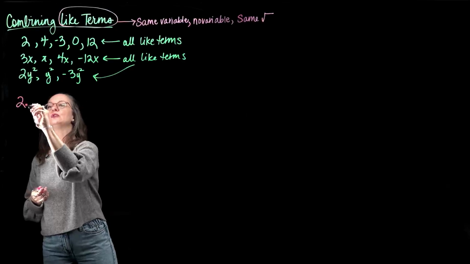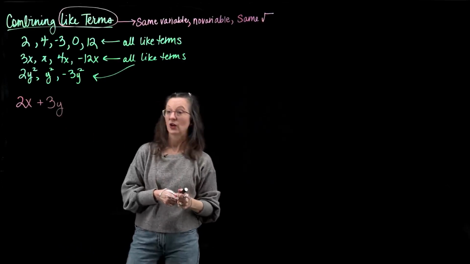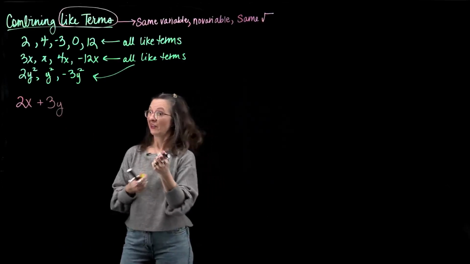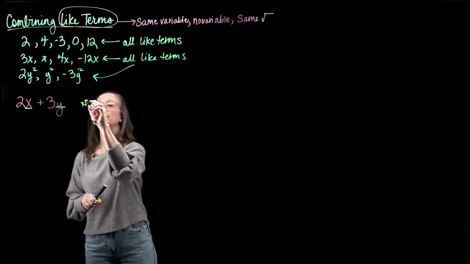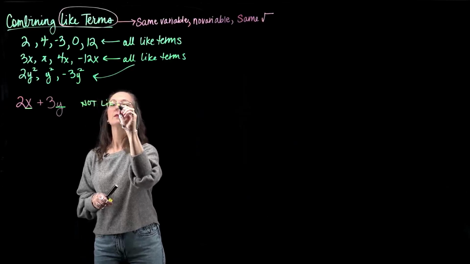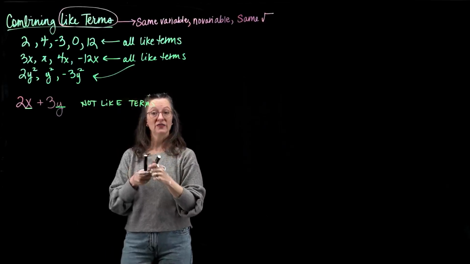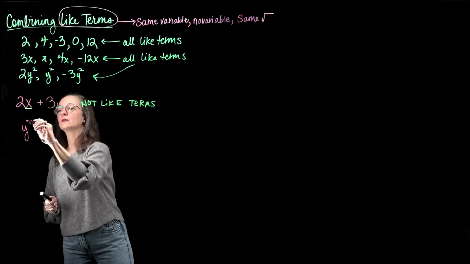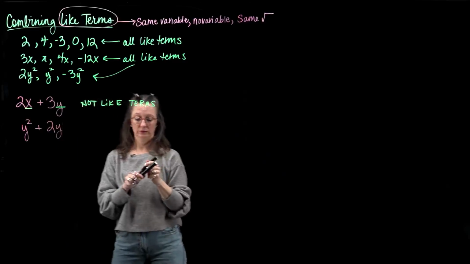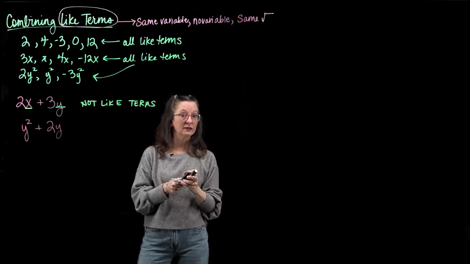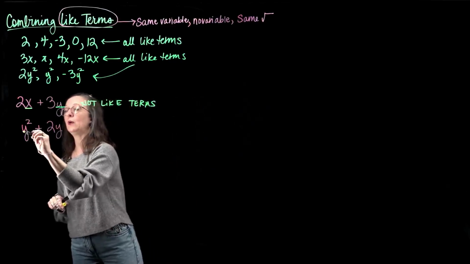If I have 2x and 3y, are those like terms? They're not, because x and y are not the same. What if I have y squared plus 2y? Ooh, they both have y's. However, they're not raised to the same power.